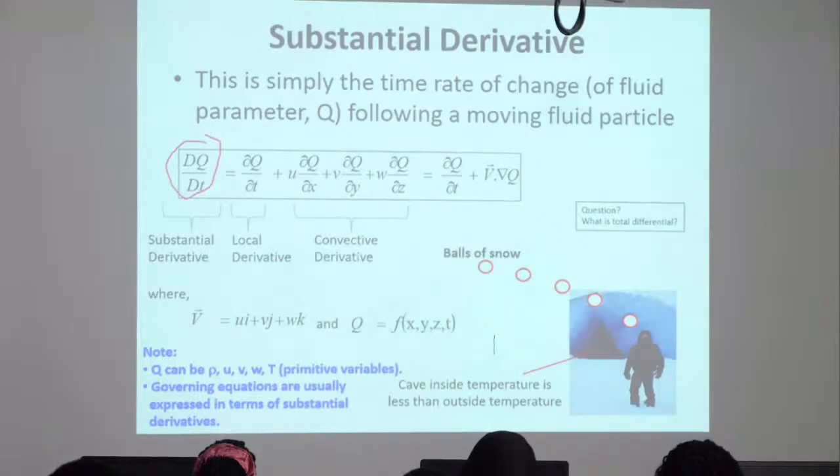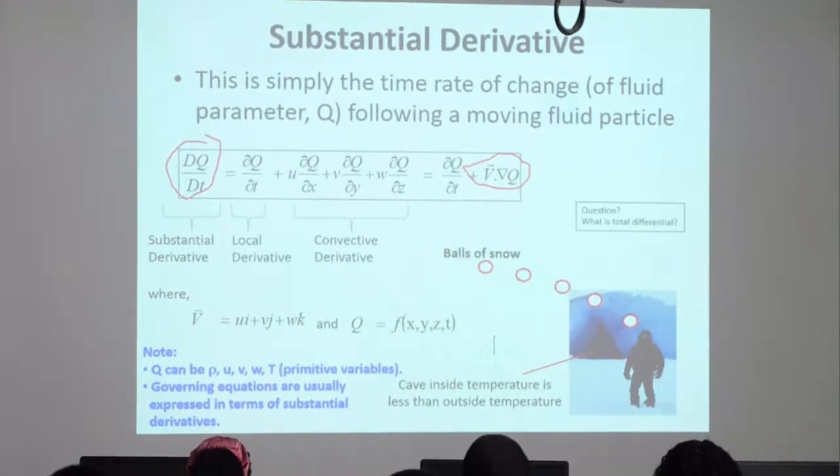We can write this convective derivative term in a more compact form, that is this way. Using vector differential calculus, that is the dot product of the velocity and the del of the scalar q.